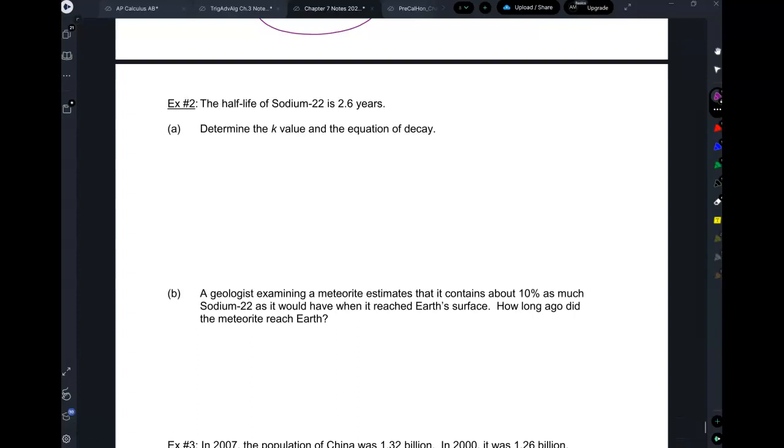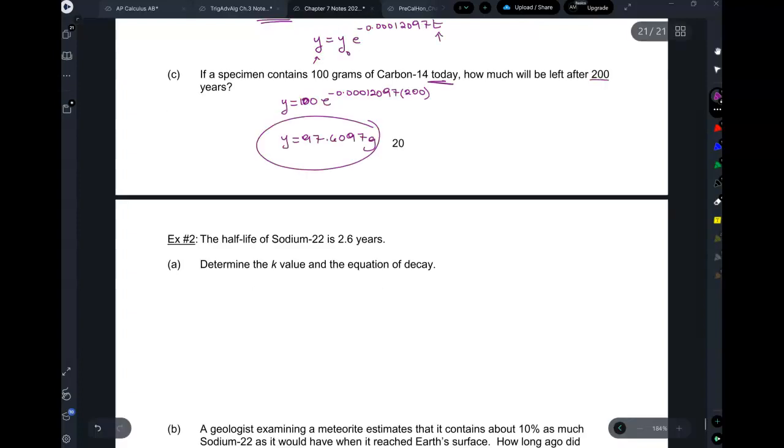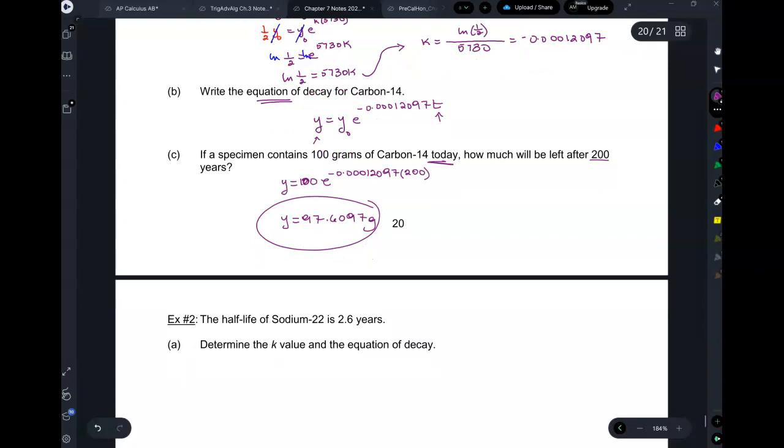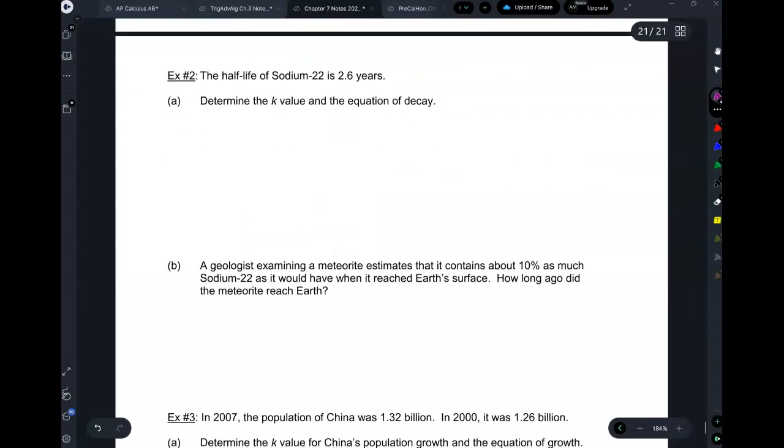So determine the K value and the equation of decay. If you are comfortable with this, you can skip to this step right here. You can always skip to that step. So you can say from the beginning, since this is half-life, half is equal to e to the 2.6 t.